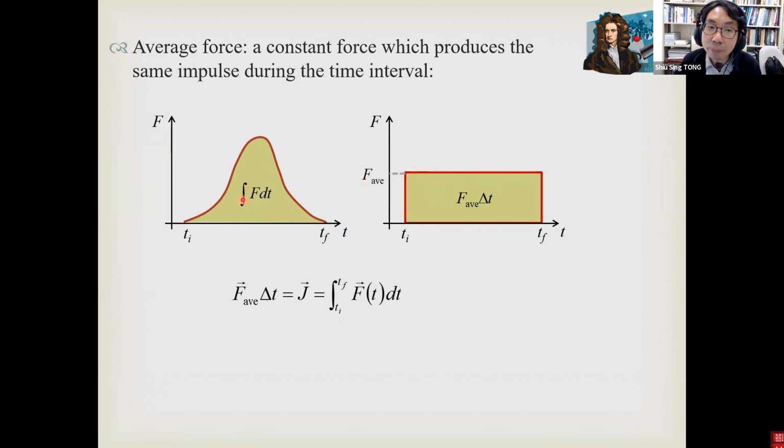If we draw a graph of F versus T, the integral of F over T is the area enclosed by the curve. And so we can draw an average force.